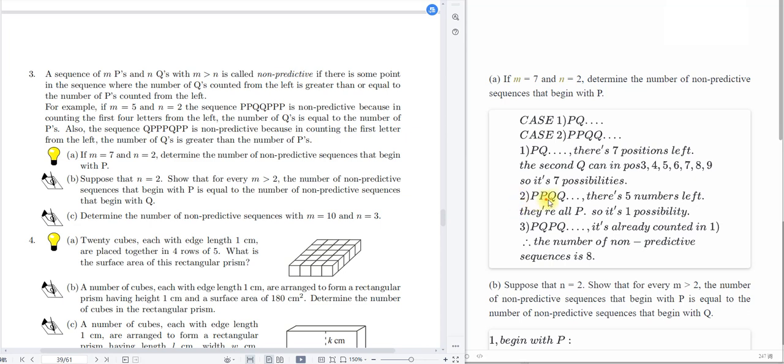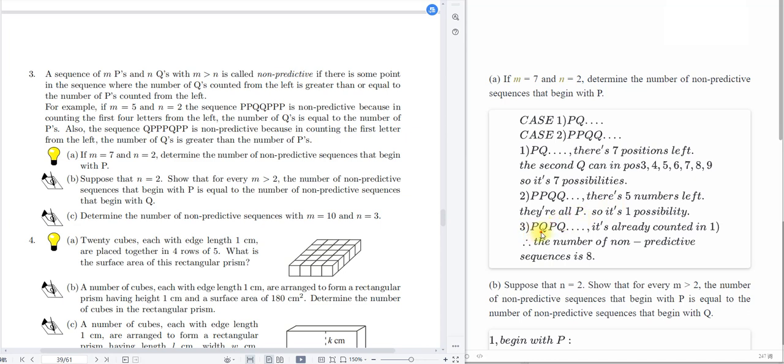And let's see PPQ. PPQ, if followed by a P, yeah, there are 3 P's already, so it won't be a non-predictive sequence. So it must be followed by this Q. So there are 5 positions left. They are all P. So it's 1 possibility.